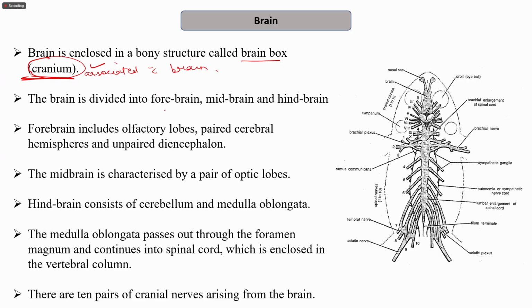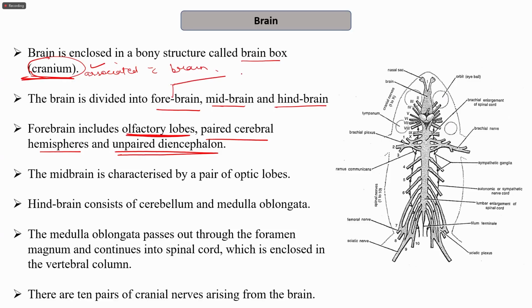So the brain is divided into three regions: forebrain, midbrain, and hindbrain. The forebrain includes olfactory lobes, paired cerebral hemispheres, and unpaired diencephalon. So you need to remember the different parts of the forebrain.